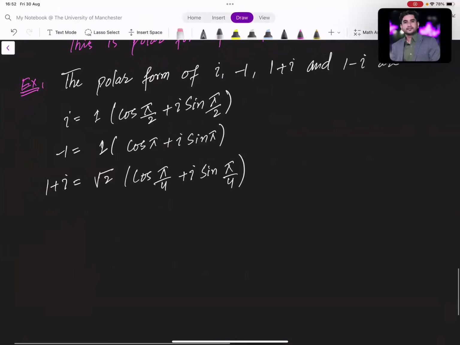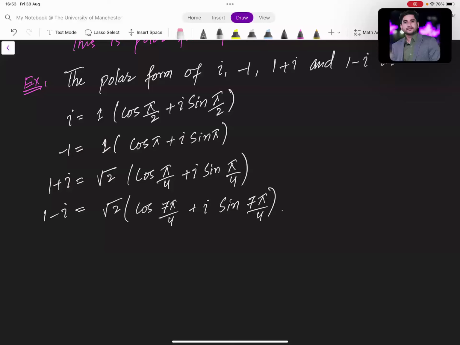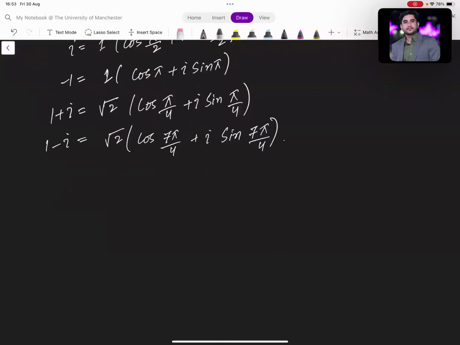So then we can write 1 minus iota as under root 2 cos 7 pi over 4 plus iota sine 7 pi over 4.